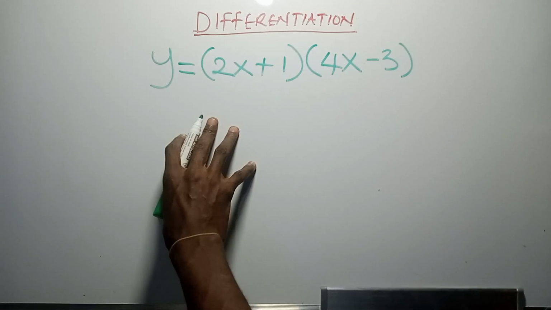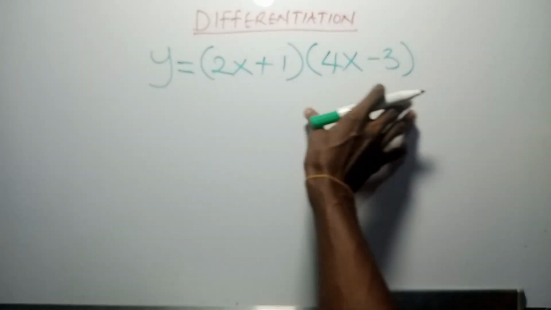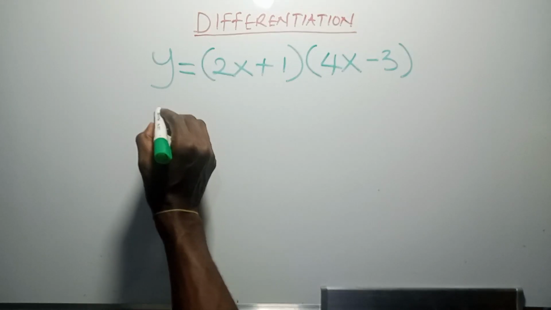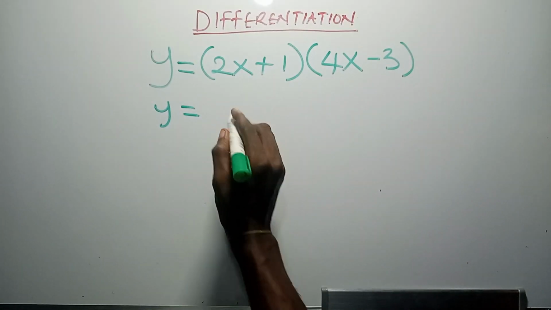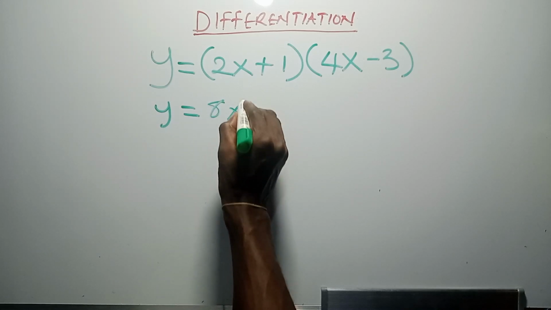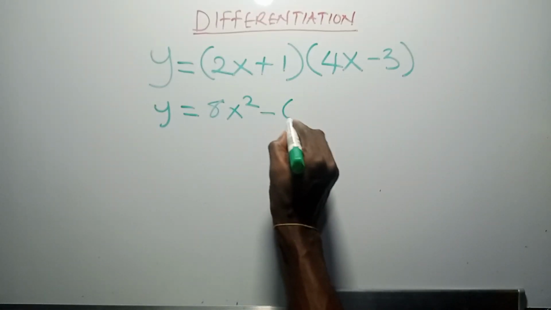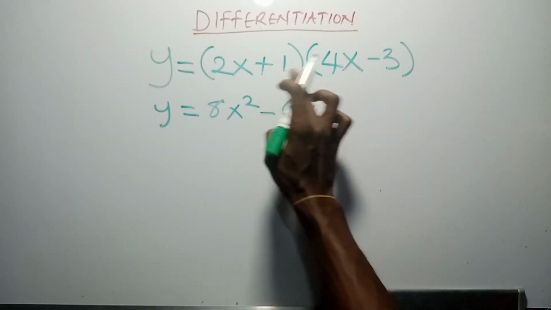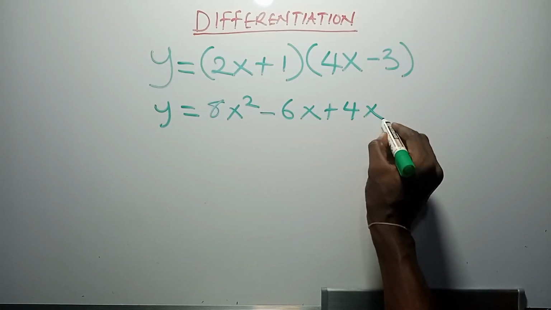So here is another problem. But in a problem like this, the first thing we have to do is to expand the bracket. So we can have something like y is equal to 2x multiplied by 4x, we get 8x squared. 2x multiplied by minus 3, we get minus 6x. 1 times 4x, we get plus 4x.